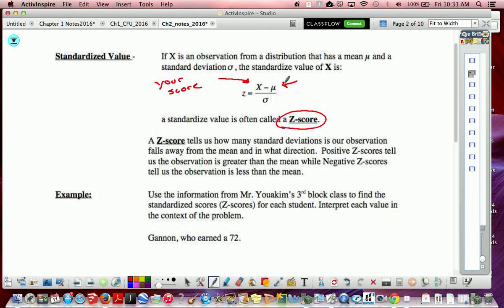You're going to subtract the mean from it. And this symbol is technically the population mean. It's the Greek letter mu. And divide it by the standard deviation sigma, which is the population standard deviation.